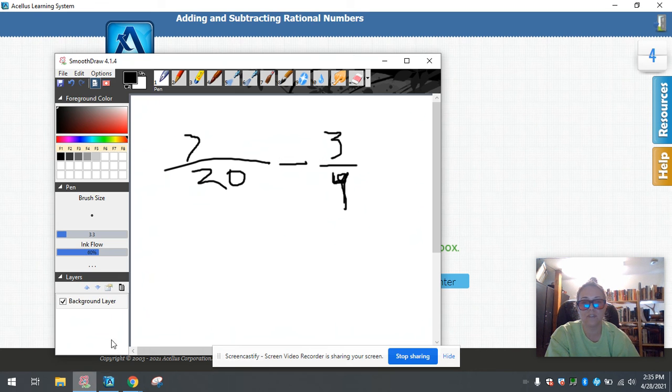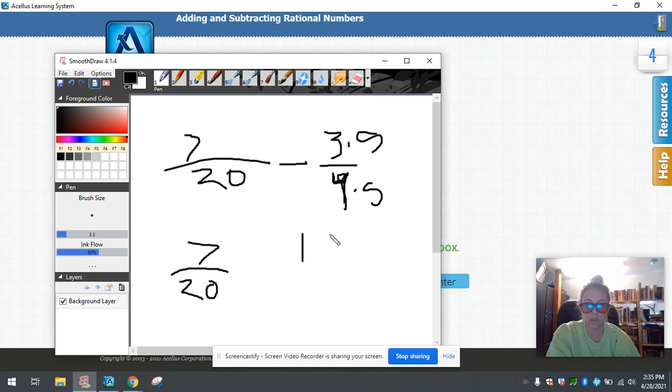You can multiply the denominators and cross multiply, or if you're somebody who's like, oh, I know 4 fits into 20, then we'll just do that. We'll turn the fraction 3/4 into a fraction that's equal to something out of 20. So what times 4 is 20? 4 times 5 is 20. What I do to the bottom, I do to the top. What I would end up with is 15/20.